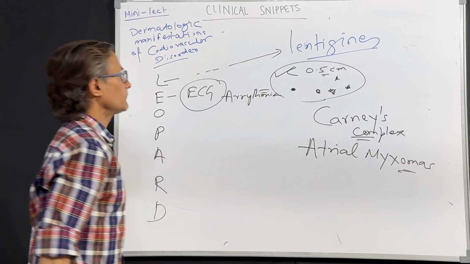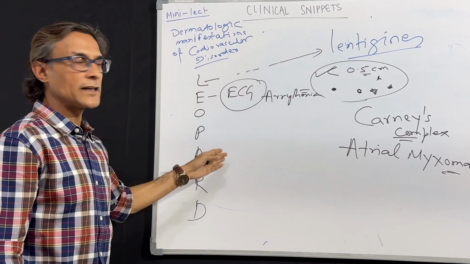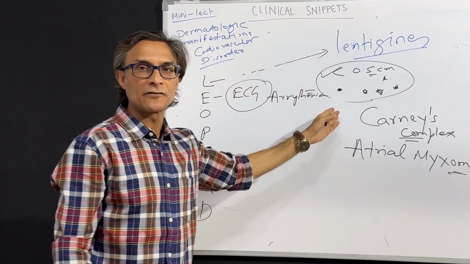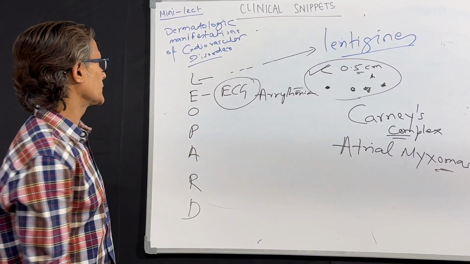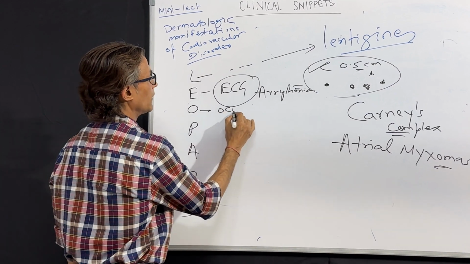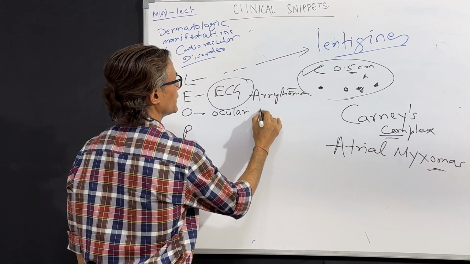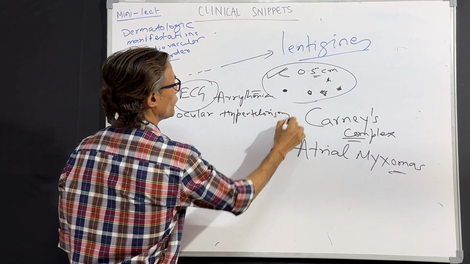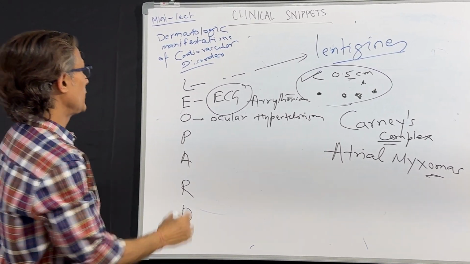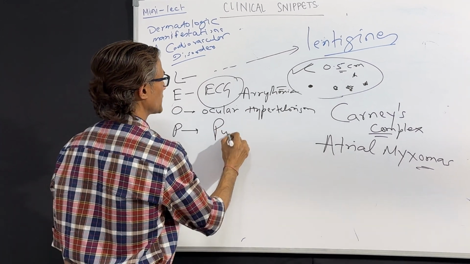So this person, lentiginosis, if having Leopard syndrome, he will be having arrhythmias, VTACs, VFibs, PSVTs. So a lot of arrhythmias are associated with this. Ocular manifestations, ocular hypertelorism. P for pulmonary stenosis.